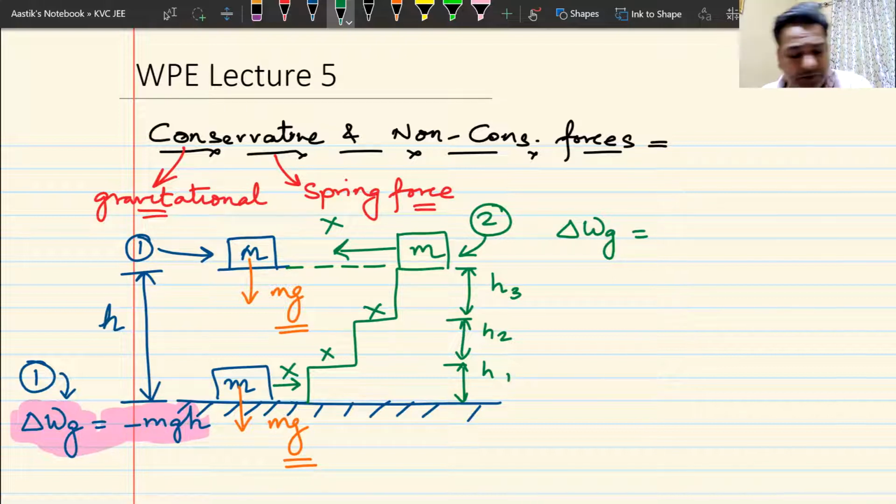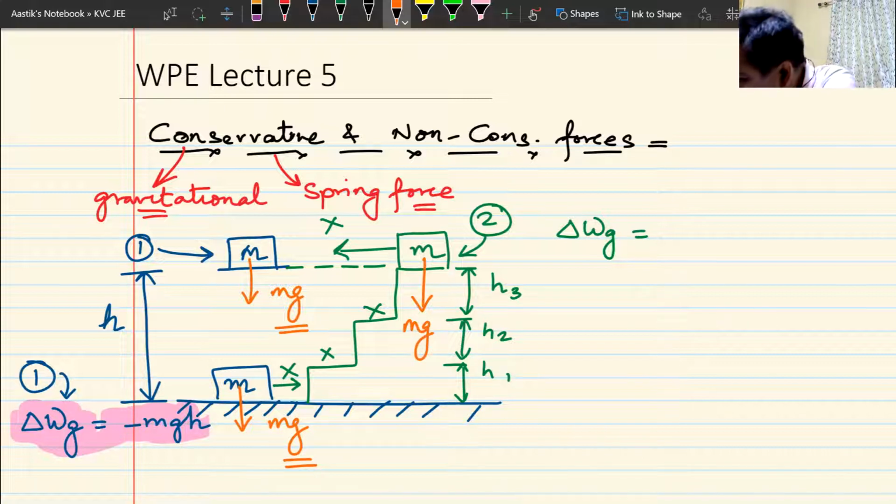Why will there not be any work when I move it horizontally? Sir, yes, there is no displacement.